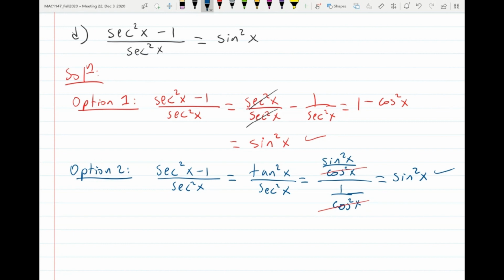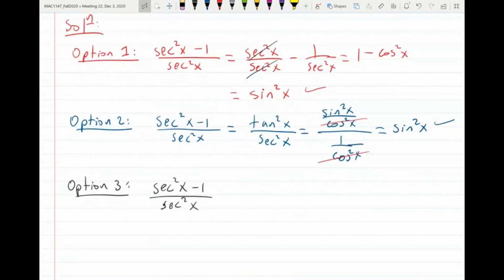All right. And let's see, let's throw in an option number 3. So option 3 can begin with the left. And then one thing that you can do is, okay, let's write everything in terms of sine and cosine. In this case, it would just be cosine.